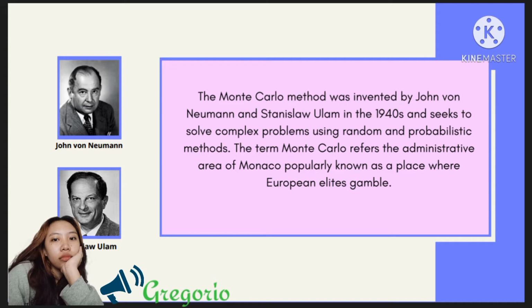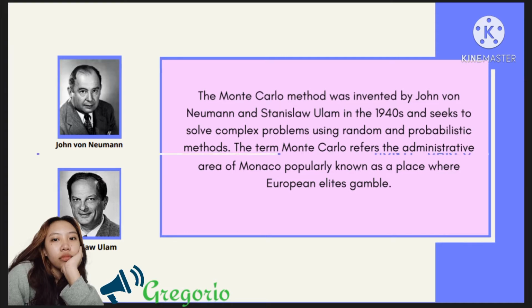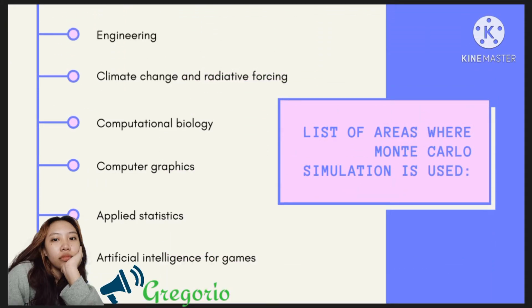So after the war, while recovering from brain surgery, Ulam entertained himself by playing countless games of solitaire. He became interested in plotting the outcome of each of these games in order to observe their distribution and determine the probability of winning. So after he shared his idea with John von Neumann, the two collaborated to develop the Monte Carlo simulation.